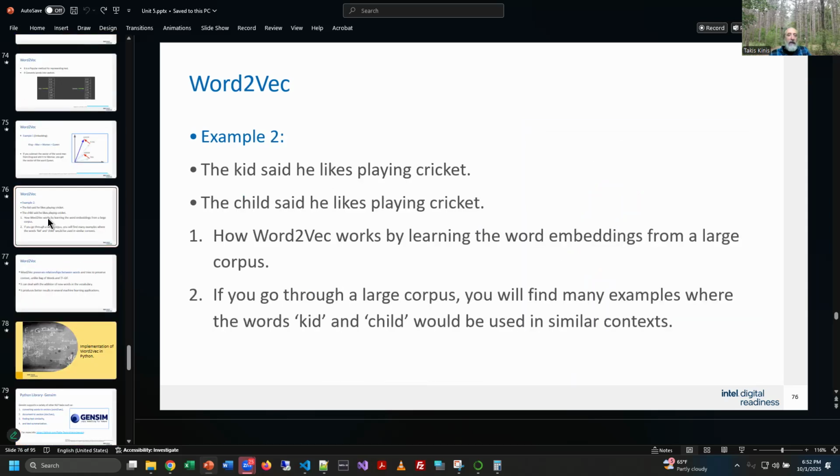So here's an example. The kid says he likes playing cricket. The child says he likes playing cricket. So this Word2Vec algorithm would basically learn the embeddings from a large data set. And the point is that it would eventually figure out that if I say kid and child, they're kind of the same thing.